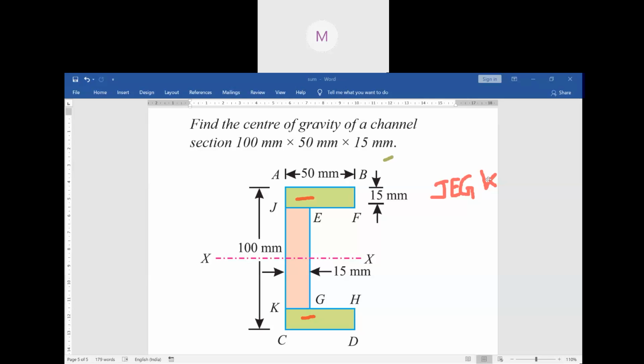We'll discuss it tomorrow. If you are not able to, just try it out. And after that, I'll give you the PDF.